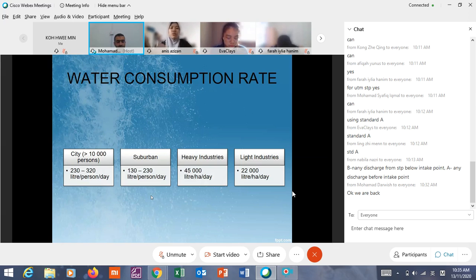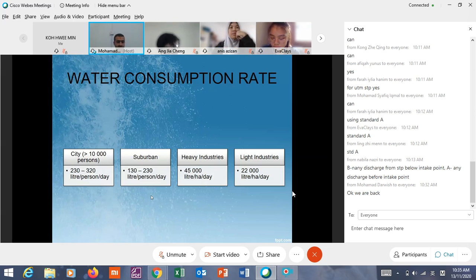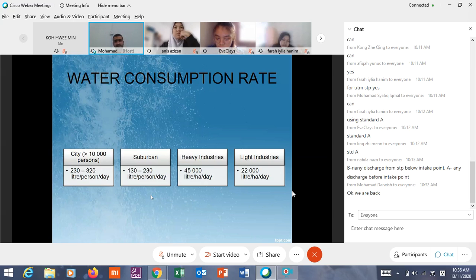So these are some numbers of estimated water consumption rates. For example, for a city of more than 10,000 people, the water consumption rate is 230 up to 300 liters per person per day. One might ask, is it logical that one person consumes 200 liters per day?